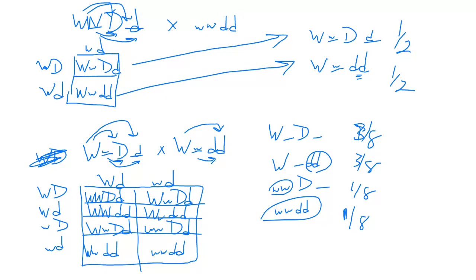So big W, big W, big D, little d is a white disk, right? We got a white disk. Big W, little w, big D, little d is also a white disk. Big W, little d is a white sphere.